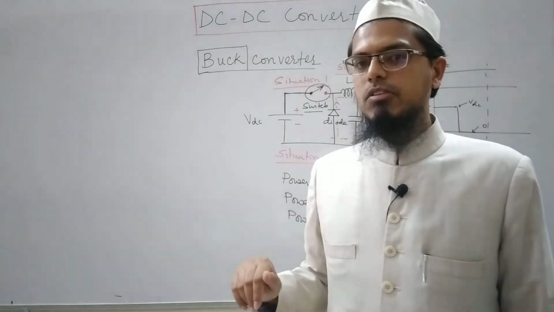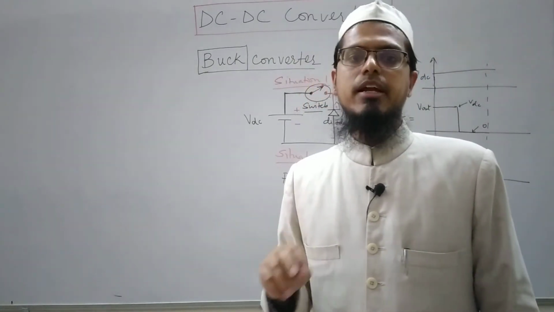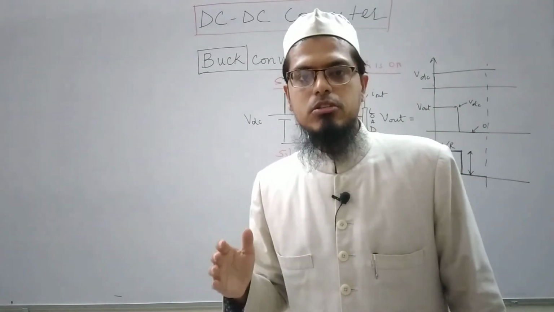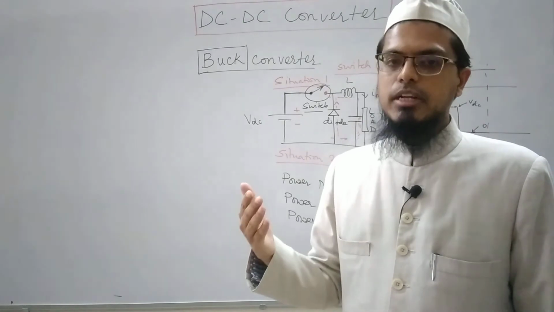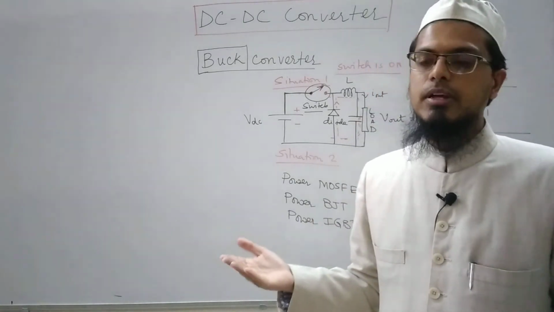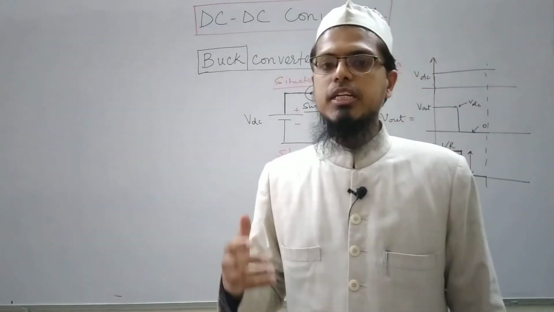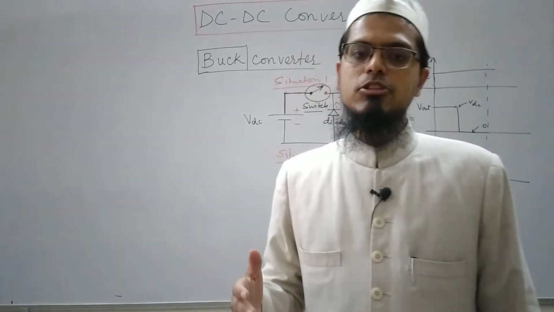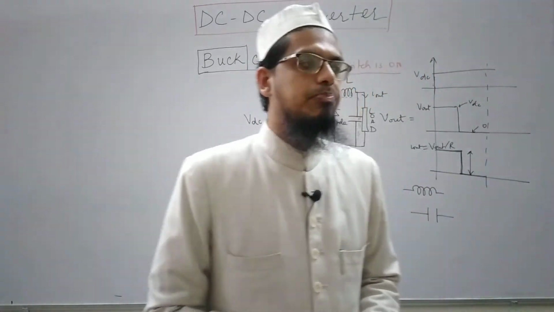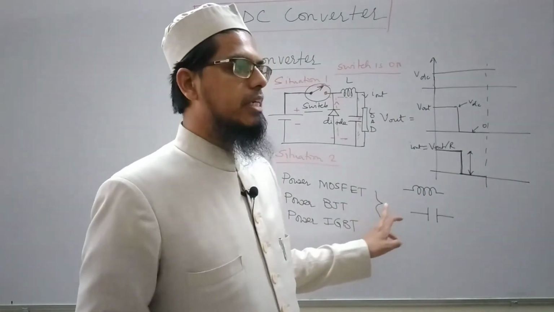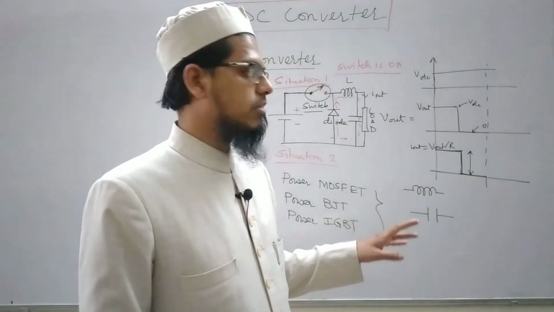The power BJT has got a good conduction characteristic. That means the loss associated with a BJT when it is conducting is very low. Similarly, IGBT incorporates the good features of MOSFET and BJT, and it has now become quite popular, and it has replaced these two devices almost completely in industrial drives and industrial systems.